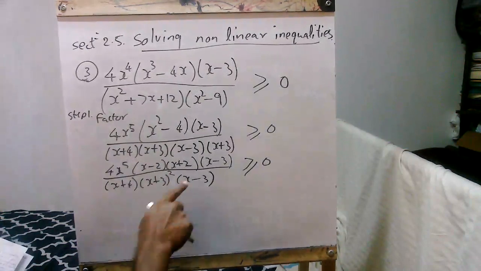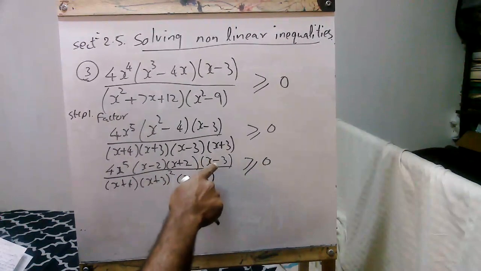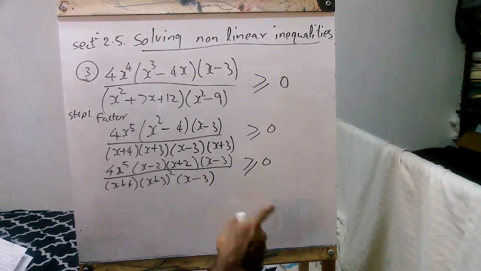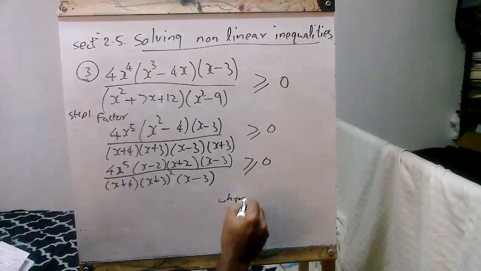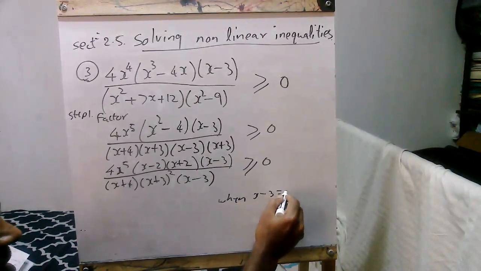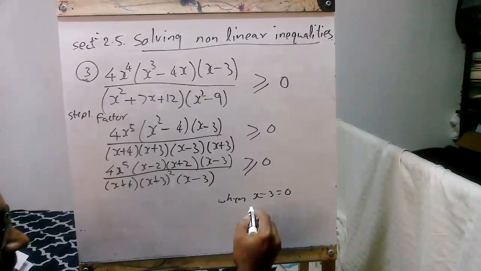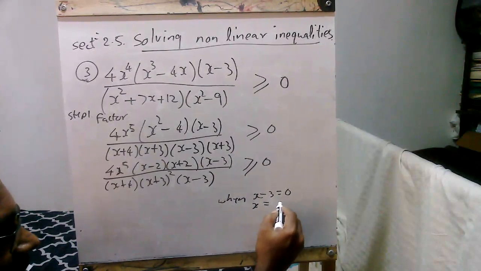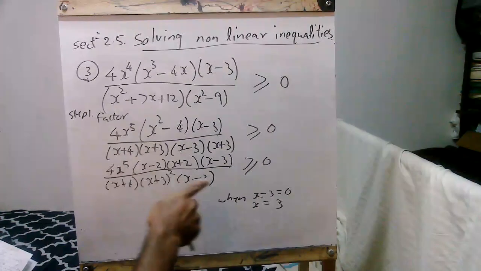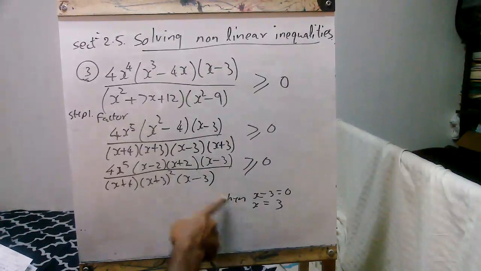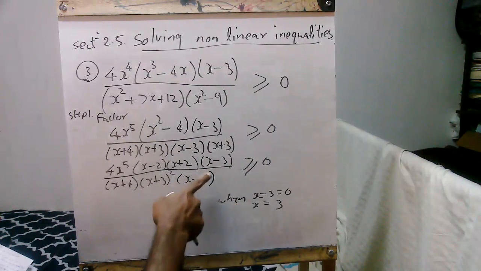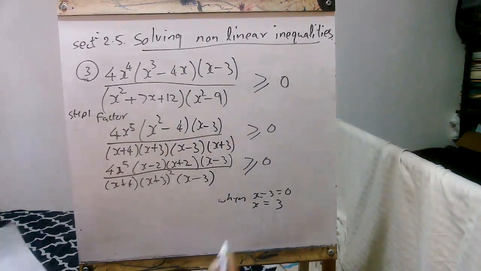The reason is when x minus 3 equal to 0, x equal to positive 3. So this function has a hole when x equal to 3.